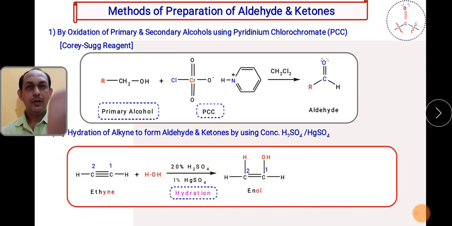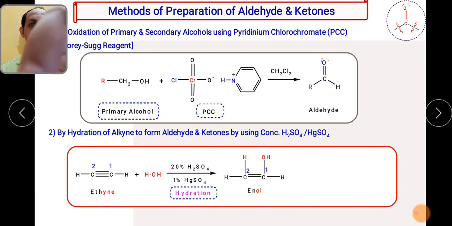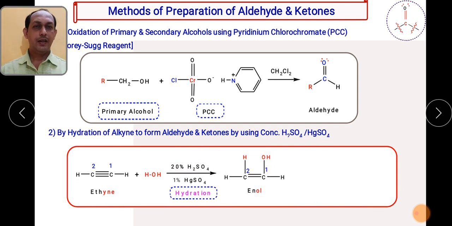The next method we have seen is the hydration of alkynes, in which the alkynes are hydrated by adding water in the presence of H2SO4 and HgSO4. OH is added to one carbon and H is added to the other carbon. This enol form is unstable and very quickly gets converted into aldehyde.